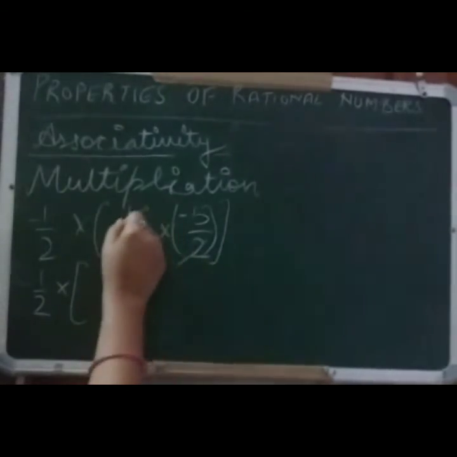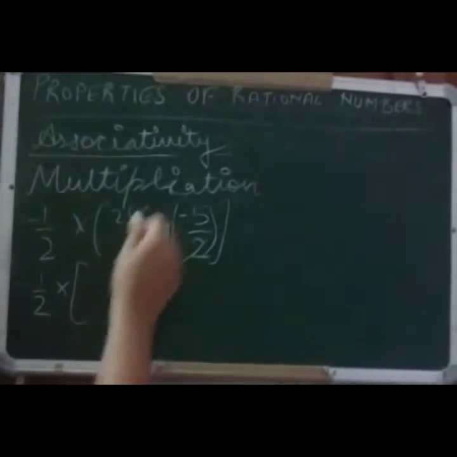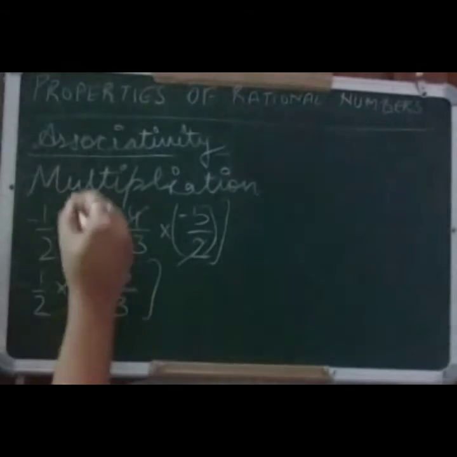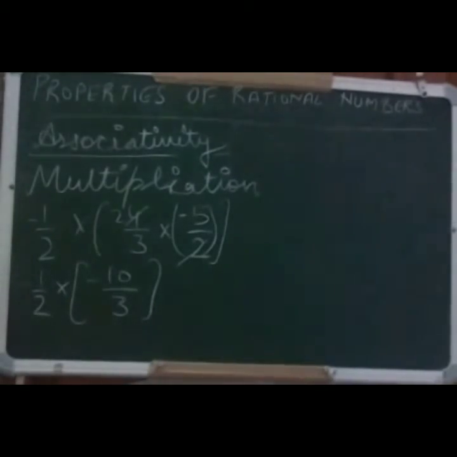If it is reducible, reduce it here only. So it will come 2 by 3 and minus 5. So it will come minus 10 by 3. Got it? Now we will do here only, minus 10 by 6. Again it is reducible, so reduce it. 2 3s are 6, 2 5s are 10, so 5 by 3.